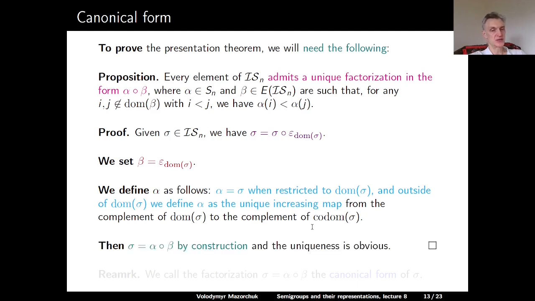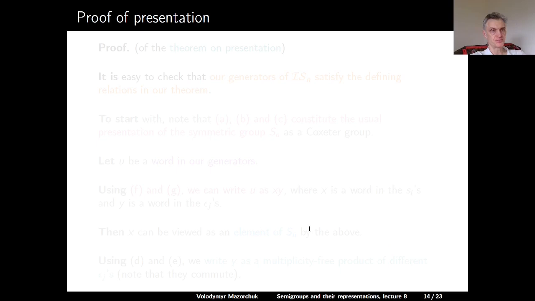Then by construction, σ is α after β, and the uniqueness is obvious. Remark: we call the factorization of σ into α after β, where α is a permutation and β is an idempotent, such that α is increasing on the complement of the domain of β, the canonical form of σ.